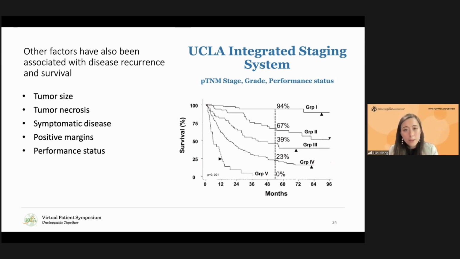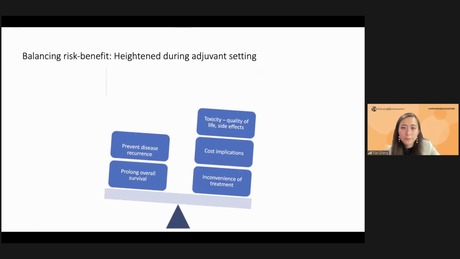There have certainly been factors associated with disease recurrence and survival. You'll see here tumor size, tumor necrosis, symptomatic disease, any positive margins at the time of surgery, and patient performance status. All can affect prognosis, including time to disease recurrence as well as survival.